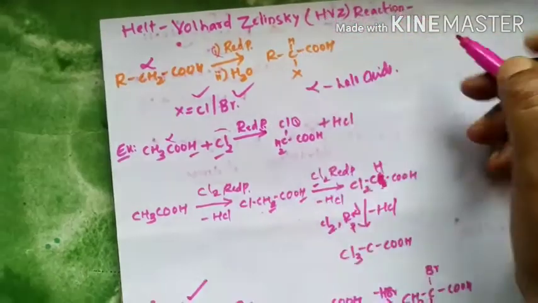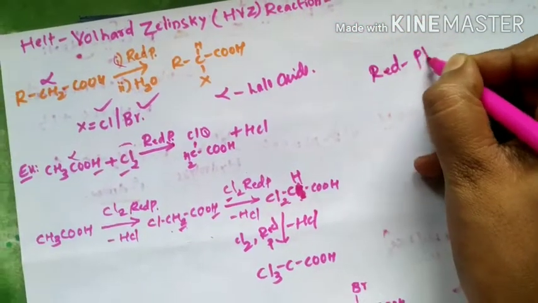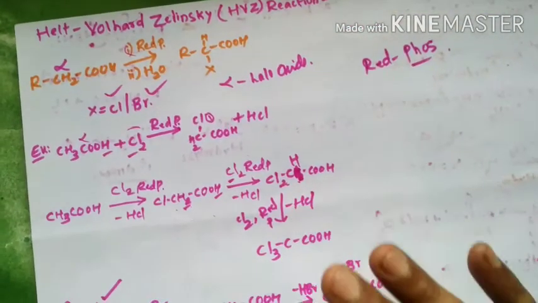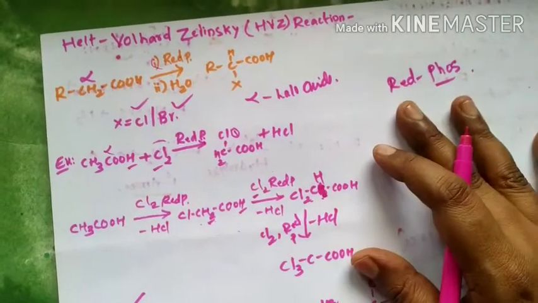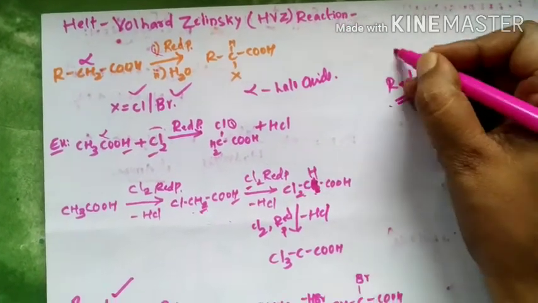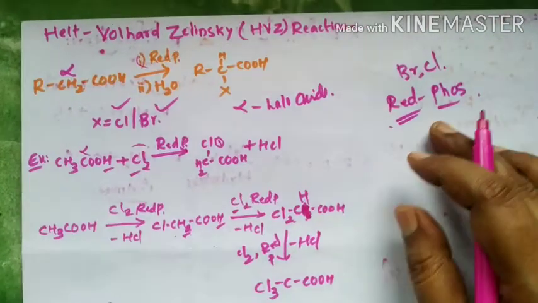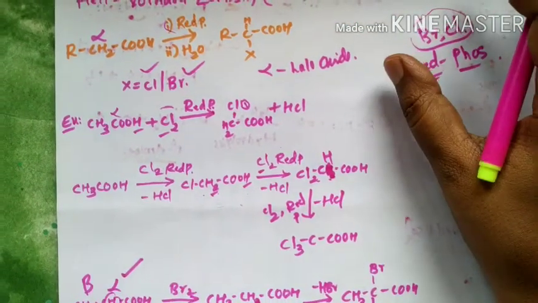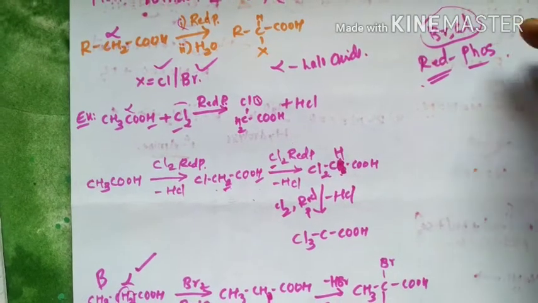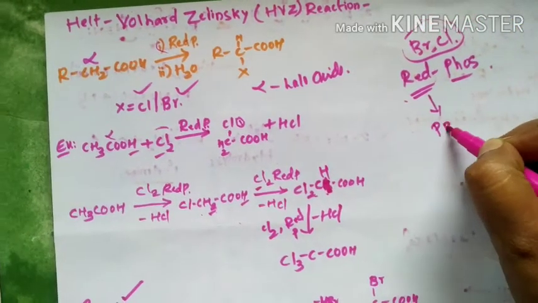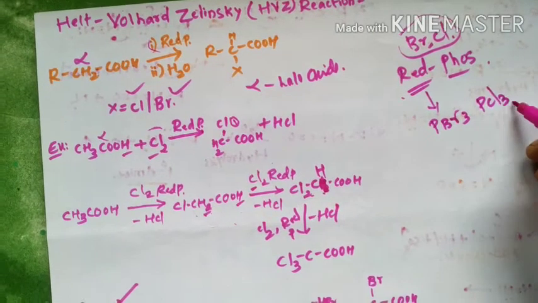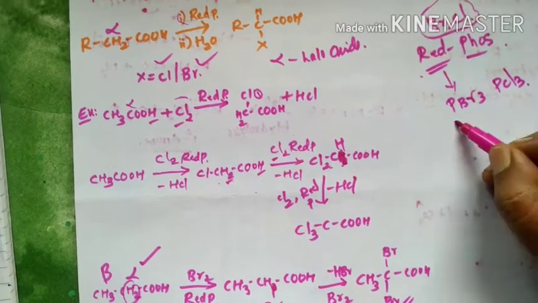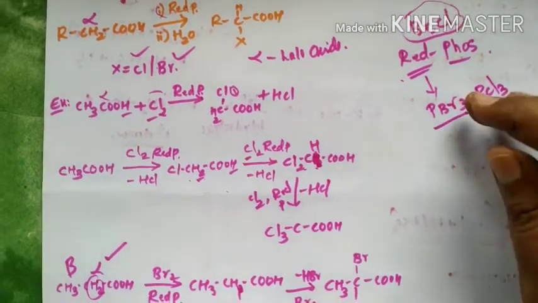And what is the role of red phosphorus during this HVZ reaction? Here, red phosphorus first combines with the bromine or chlorine, that is, it reacts with the halogen, and it forms PBr3 or PCl3, phosphorus tribromide or phosphorus trichloride.